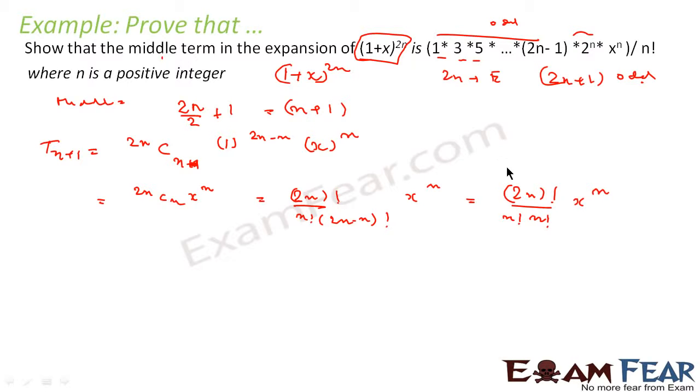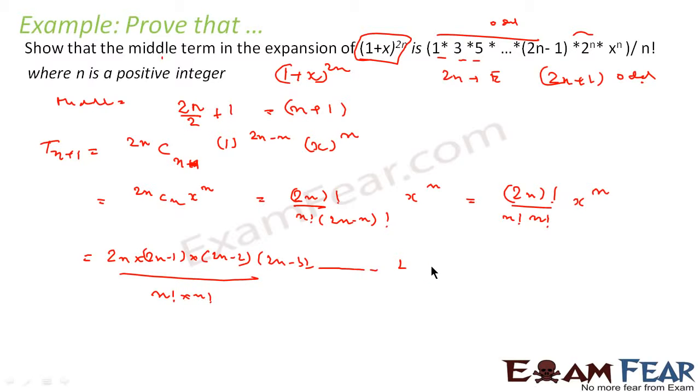So what we'll do, we'll try to take out all odd terms and all even terms. So (2n)! is equal to 2n into 2n minus 1 into 2n minus 2 into 2n minus 3, and so on till 1, divided by n! into n! x^n.